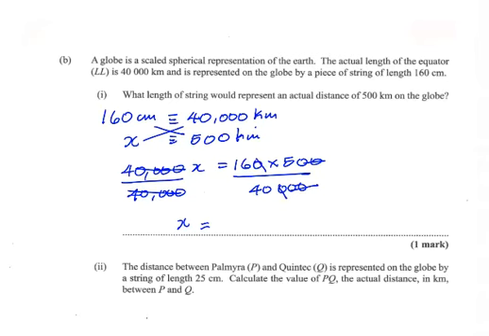We can do some more cancellation. 5 into this is 1, 5 into 40 is 8, 8 into 16 is 2, so 200 centimeters. So the actual distance of 500 kilometers is represented by 200 centimeters on the globe.